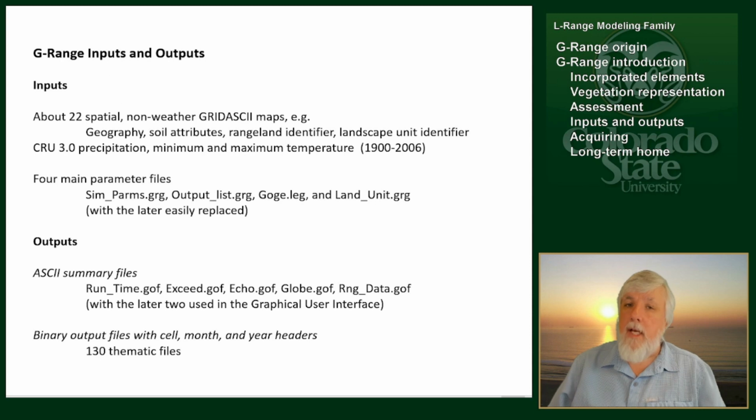There are 4 main parameter files. Again, in another video, I'll go into quite detailed explanation of those parameters, so those will be easily understood. Outputs are extensive. It is possible to output a whole variety of information. Some of the information is output as ASCII summaries. Most of it is as binary files. That compact form includes spatial surfaces, maps, every month for net primary production and carbon and grazing results and what have you.